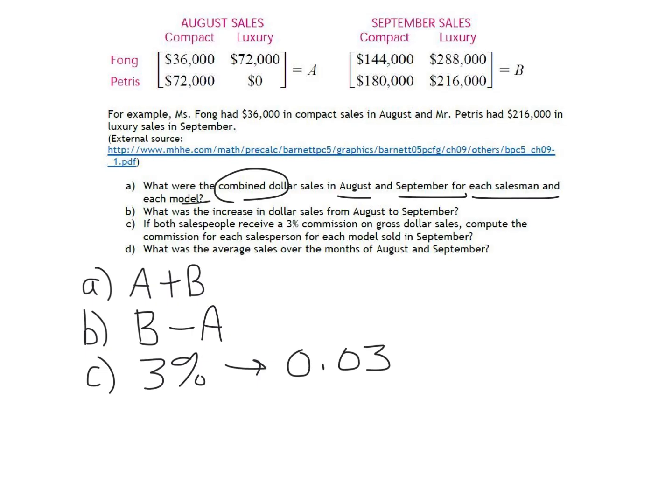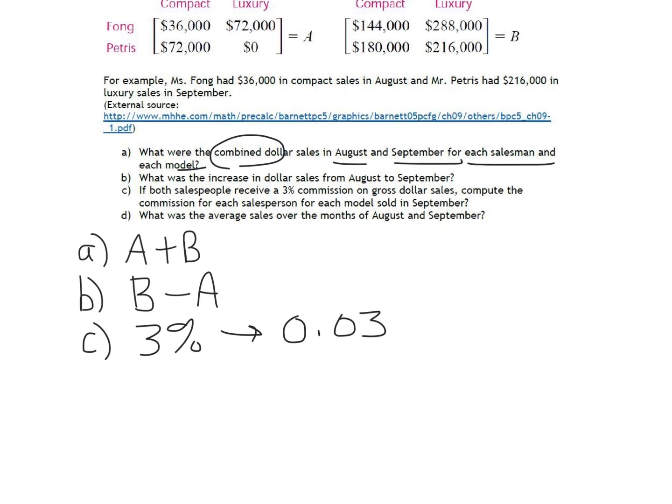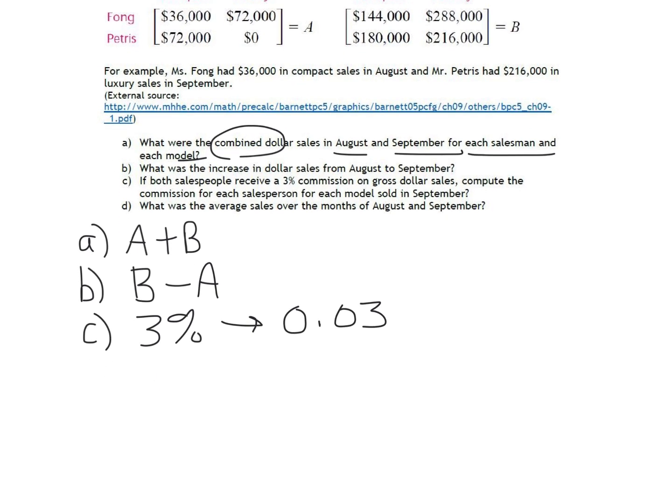And it says for September, so that's the B matrix. So a 3% commission for each salesperson for each model sold in September. We would multiply, this is that scalar multiplication. We're going to multiply each of the values in matrix B by 0.03 to determine what the commissions were.